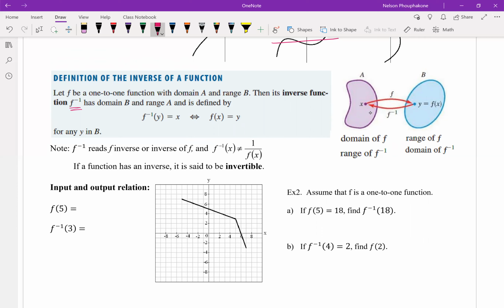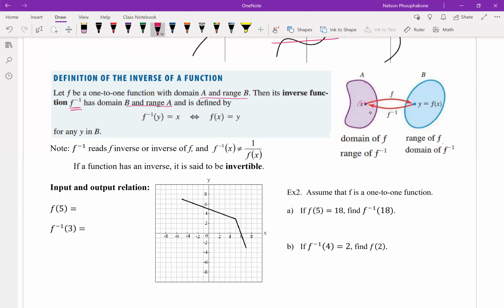Now, let's see why the domain and range are reversed. Let us look at the mapping here. For this function f, the set A is the input of f, and the set B is the output of f. So the set A is the domain of f, and the set B is the range of f.